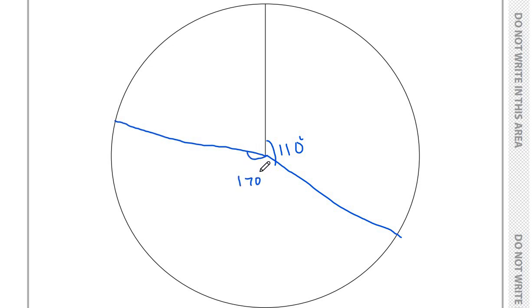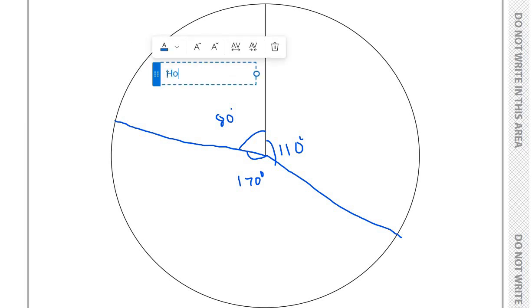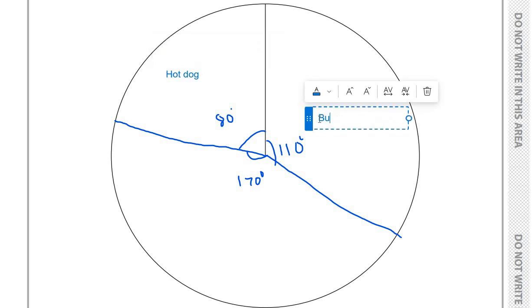Make sure to label these nicely. And hot dogs are 80 degrees. Yeah, so just need to be careful. Label the angles and the sectors correctly.